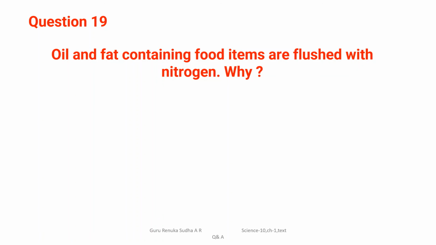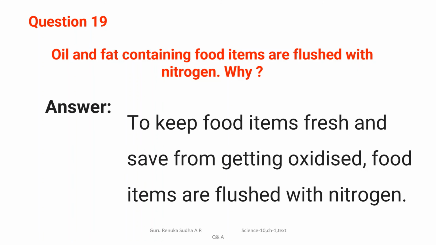Okay, let us move on to the 19th question. Oil and fat containing food items are flushed with nitrogen. Why? While storing pickles and other things, they use more oil as a preservative, and they are flushed with nitrogen. So why are they doing that?